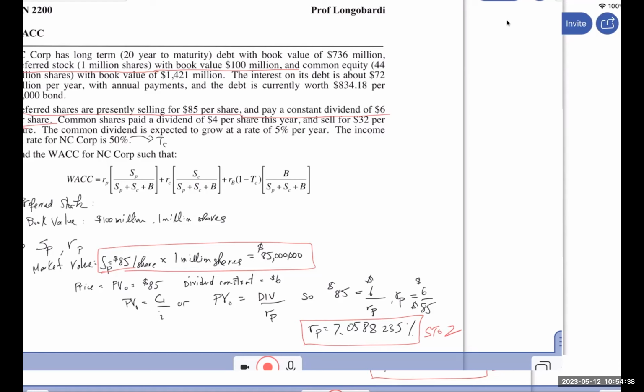And then common shares pays dividend with growth of 5%. The book value is $1,421,000,000. And there are 44 million shares.